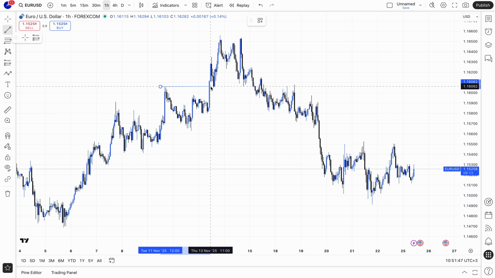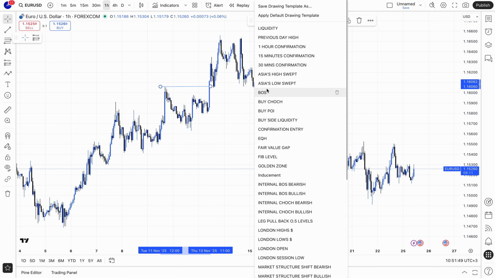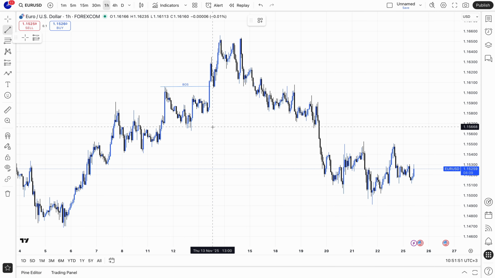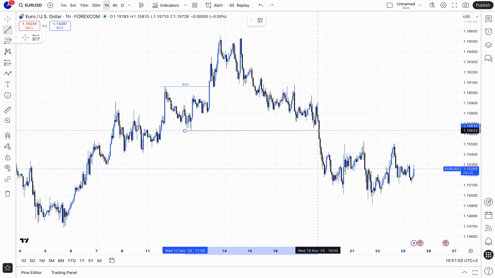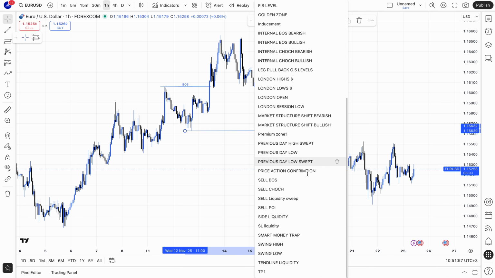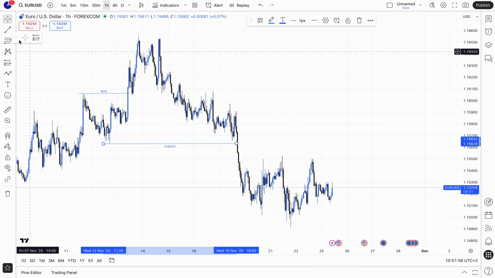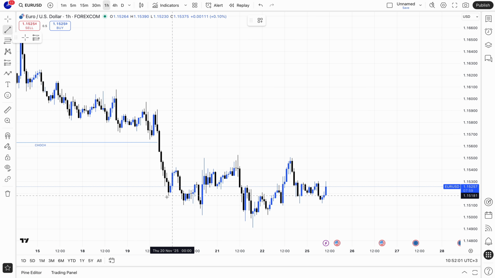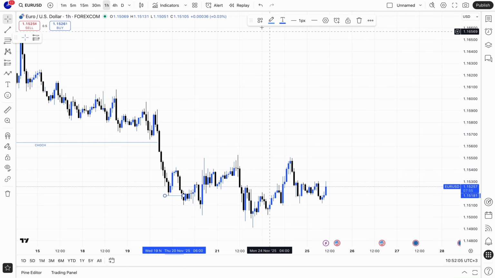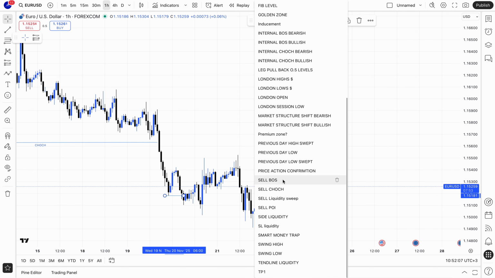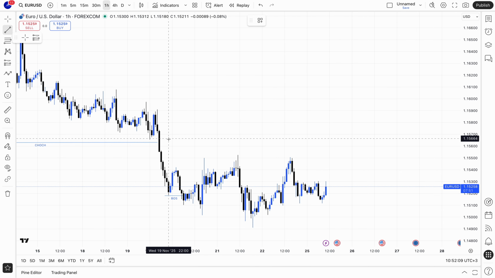Have our break of structure to the upside, you can see it, and then we have our external change of character to the downside. Then we have our break of structure to the downside.